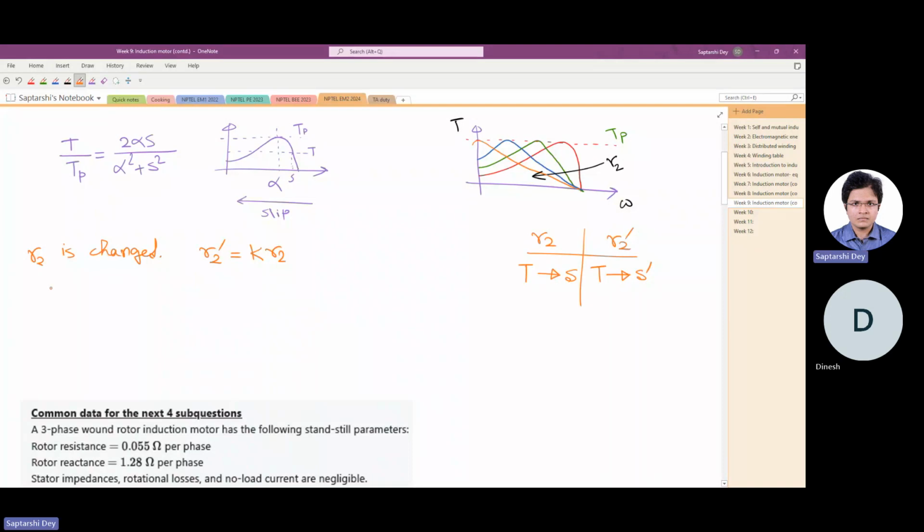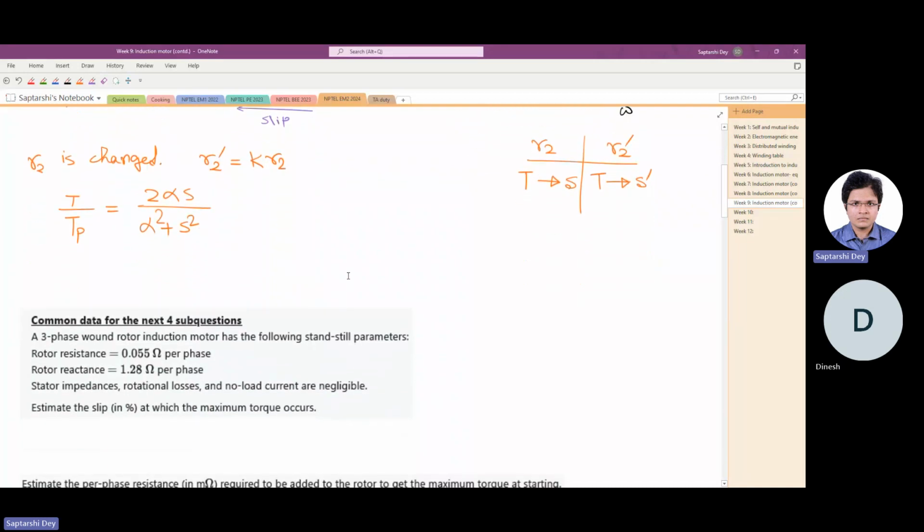Now, what we have is T by Tp equals 2 alpha S by alpha squared plus S squared. This is the older value before changing the rotor resistance. Right now, Tp is the same, and we are trying to find out when this T is happening in the new case.